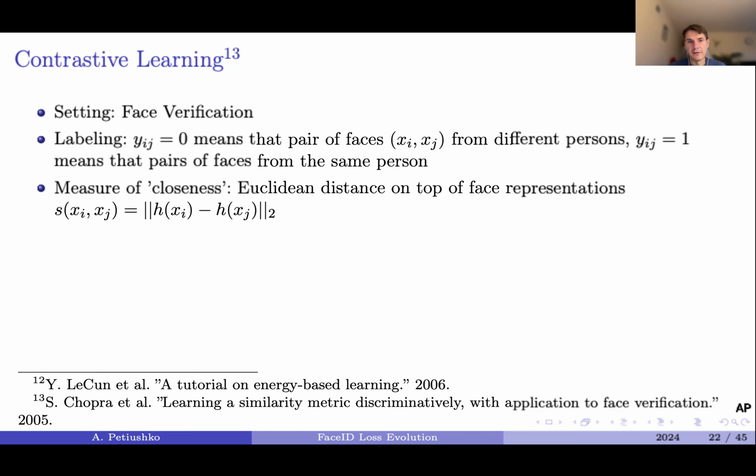And the measure of closeness, similarity, in this case isn't, for example, as in the previous slides we have seen, the dot product. Here it is the Euclidean distance on top of the face representation, so just the norm of the difference between h of xi and h of xj.